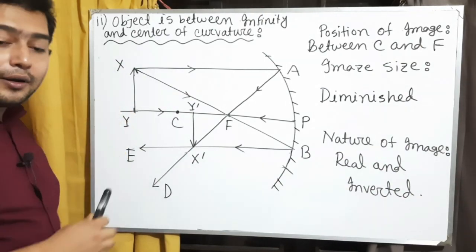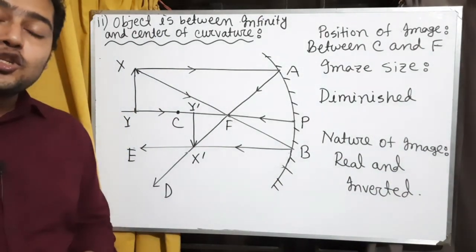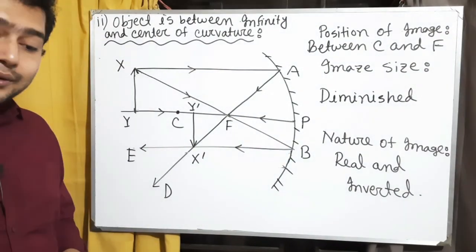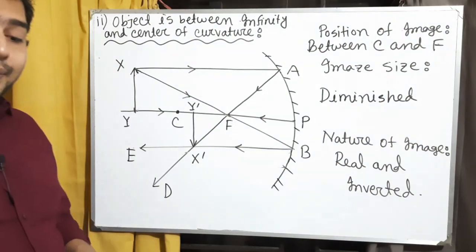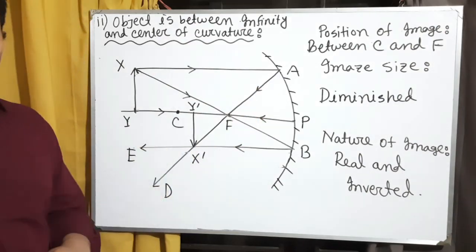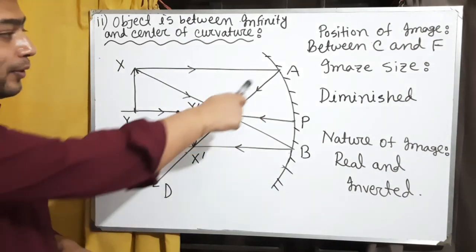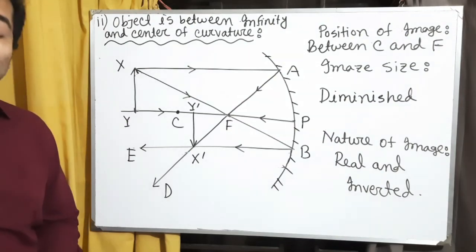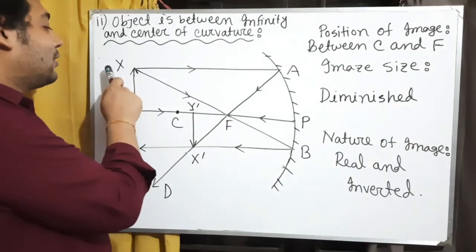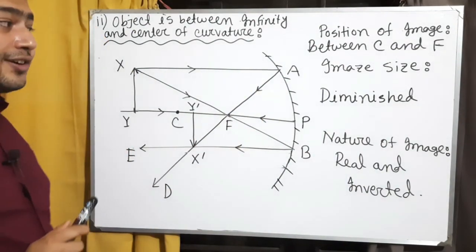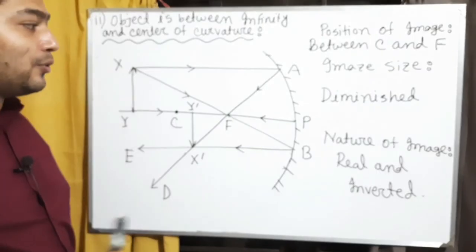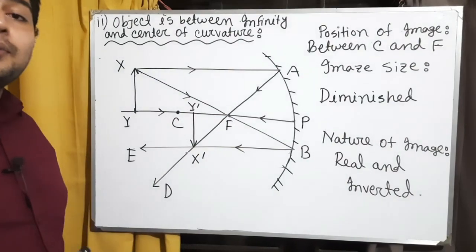The ray emerging from X parallel to the principal axis, here CFP is our principal axis, XA will go through the focal point F after reflection. Here XA is our incident ray, and for this incident ray AD is our reflected ray, which goes through the focal point.